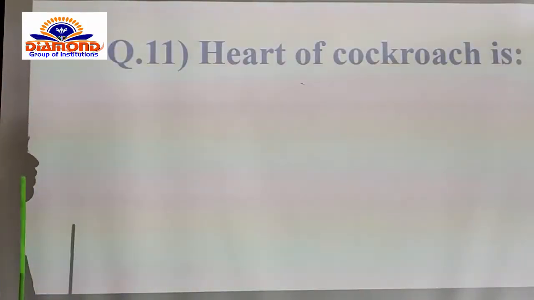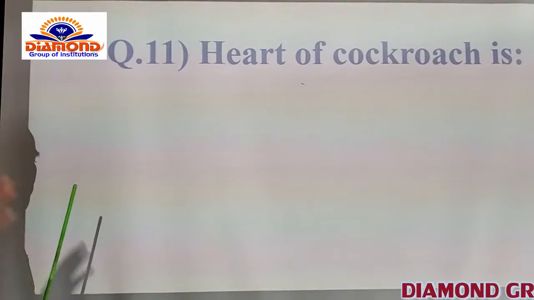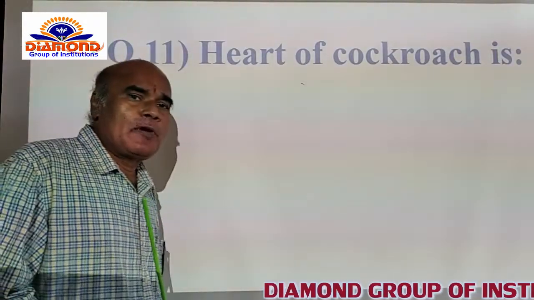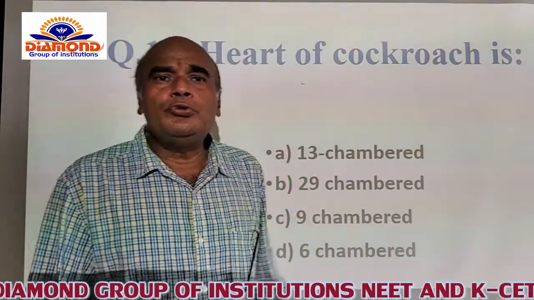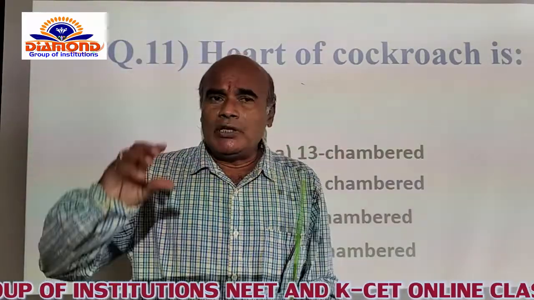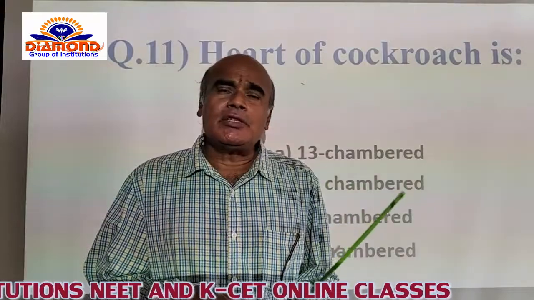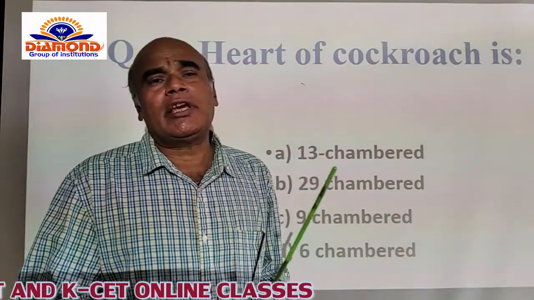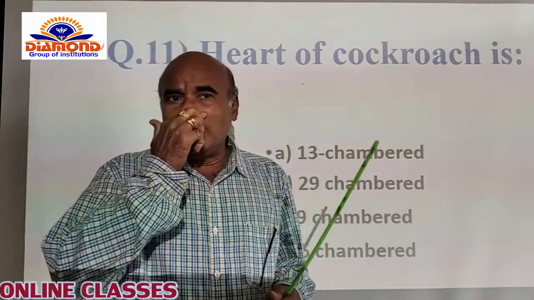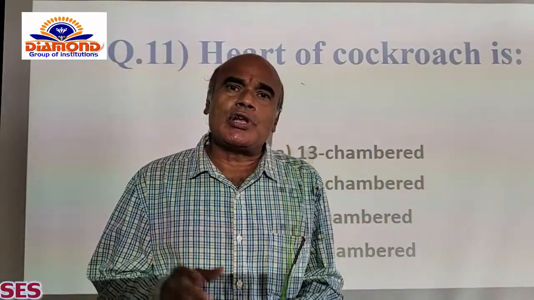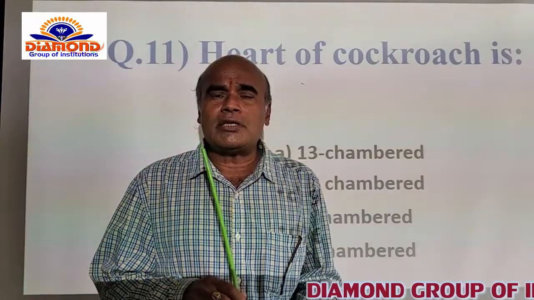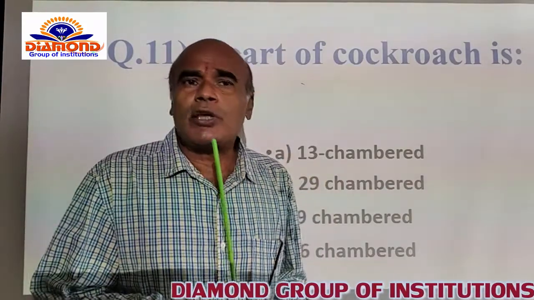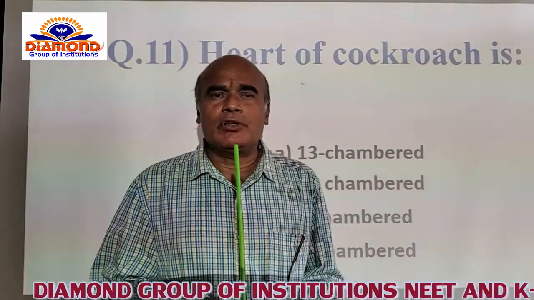Now we go for the next question. The heart of the cockroach is... A little unique type of heart is present in the cockroach, which is often called the neurogenic heart itself. That means by the stimulation and effect of neurons, the heart is pressurized to circulate the blood into the body sinuses, and through the sinuses the blood is systematically circulated to each and every part of the body.